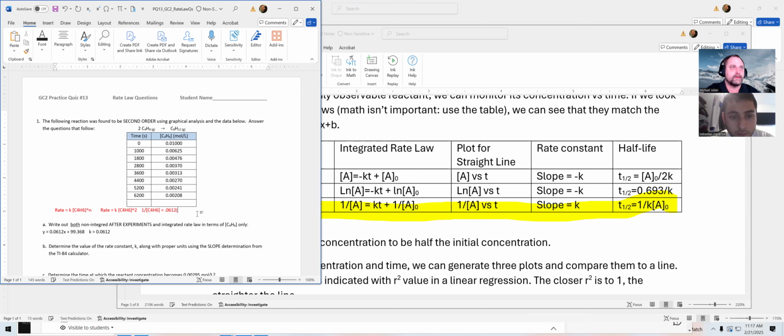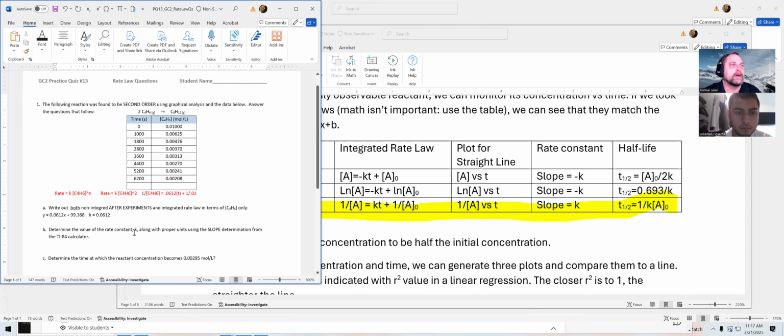We're just going to do parentheses t plus 1 over, in this case, 1 over the initial, so that's 0.01. So that would be our integrated rate law.